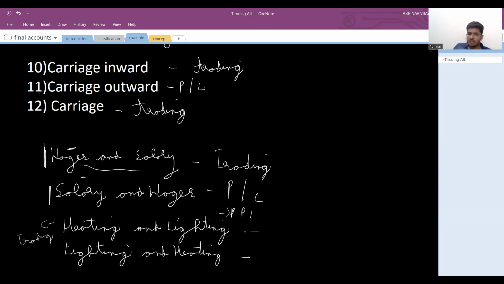Again, look at the first word: if it's heating, assume trading account. If the first word is lighting, it goes to the P&L account. Sorry, I told it wrong: heating happens in the factory, and lighting happens in the office, godown and showroom. Keep this in mind.